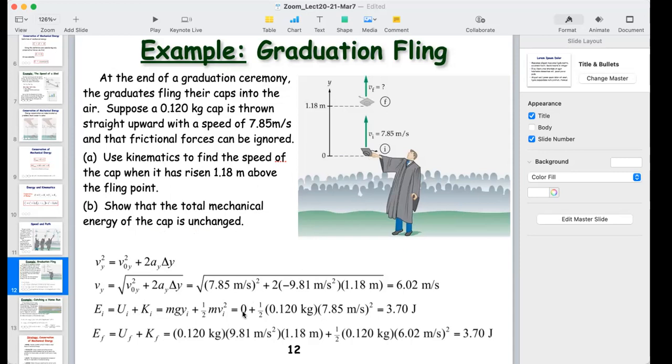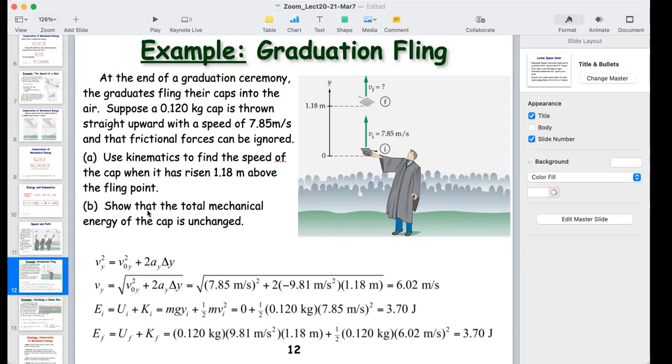So this is 0 plus 1/2 times 0.120 kilograms multiplied by the velocity squared. And so this gives you that the initial energy is 3.70 joules.